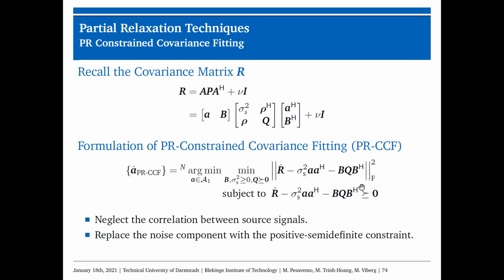Adopting the PR framework here in this case means that we should decompose the true steering matrix A into the structured steering vector A and the unstructured matrix B. The source covariance matrix P is also correspondingly decomposed into four components: sigma S square, rho Hermitian, and then Q. In the first version of the covariance matching PR estimator, we neglect the potential correlation between A and B, or in other words, we set the rho here to be 0.